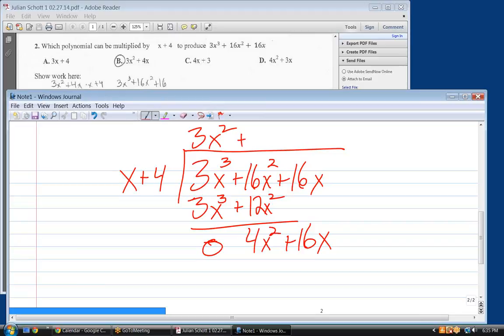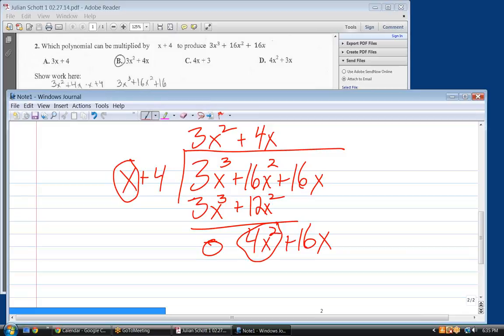Well, now we have to divide x plus 4 into that part to get the rest of the answer. So do the same thing we did when we tried dividing it into that. So is it 4x? Just 4x. In other words, all we're doing at this stage is dividing that into that.